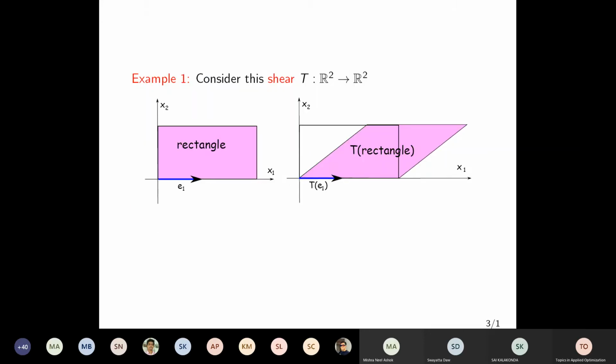So what is the geometrical interpretation of the eigenvectors? Let us consider the shear matrix. The intuition here is that in the shear matrix that we saw in the previous class, it was not rotating any vector along this direction.